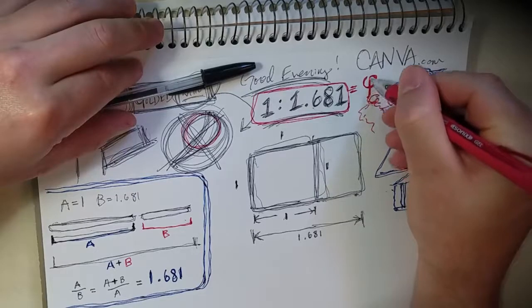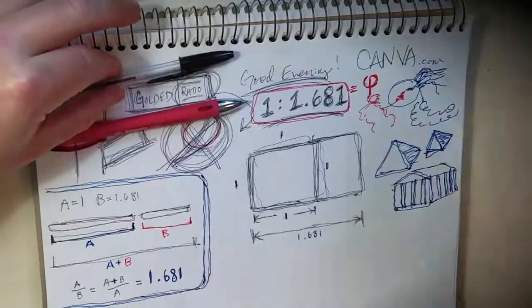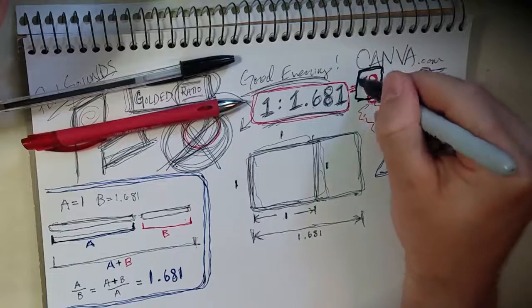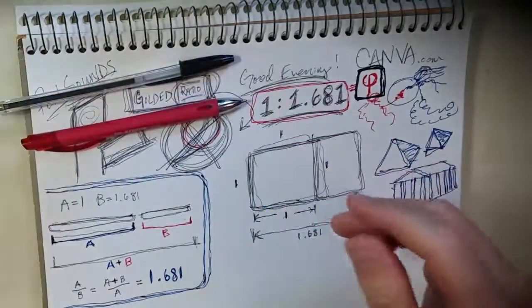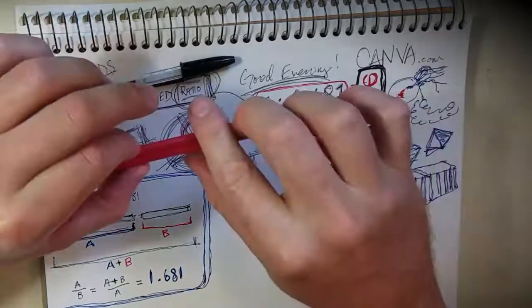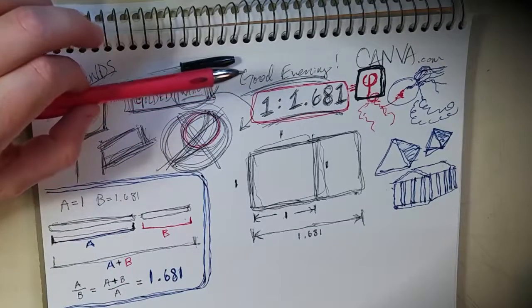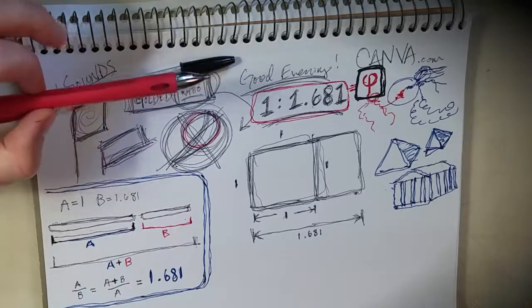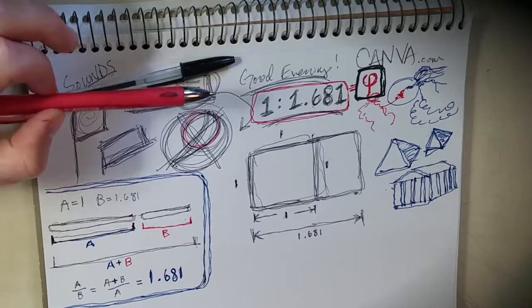Let's have it come out of Adam here. So that is phi. Face. So it's a natural harmony that we recognize, and for some reason we are drawn to it.